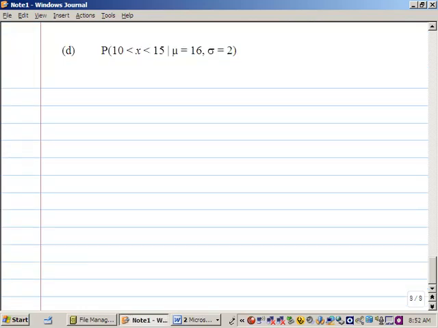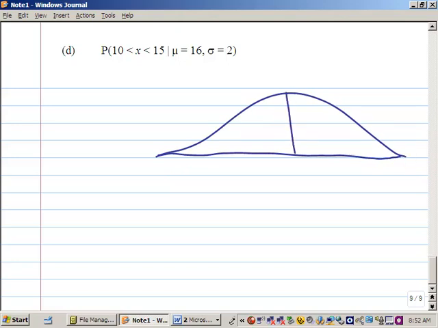Alright, next problem also has 2 limits. The best way to figure out what it looks like is to draw the diagram. Okay, we have a mean of 16, and our 2 limits are below that. We're going from 10 to 15. Particular x distribution.